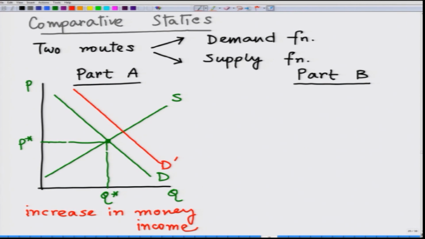So, now this is a case of changing equilibrium. The new equilibrium will be obtained at this intersection point.